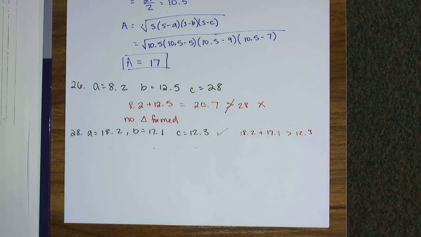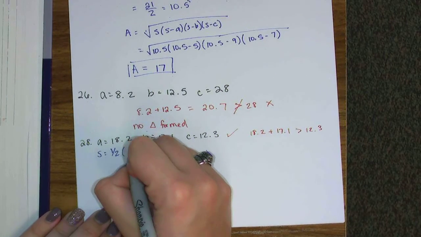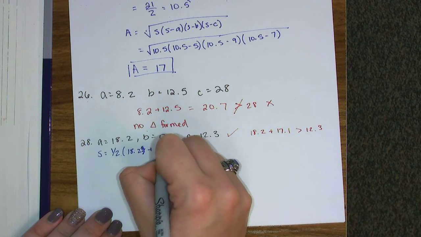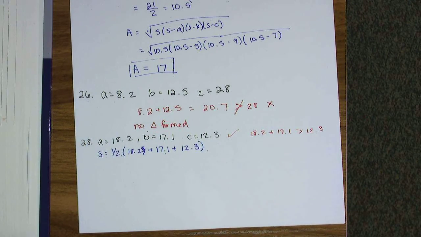Alright, so S is equal to 1/2 (A plus B plus C), so 18.2 plus 17.1 plus 12.3, and decimals, so I'm doing my calculator.